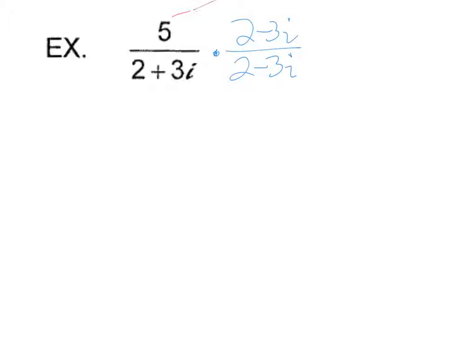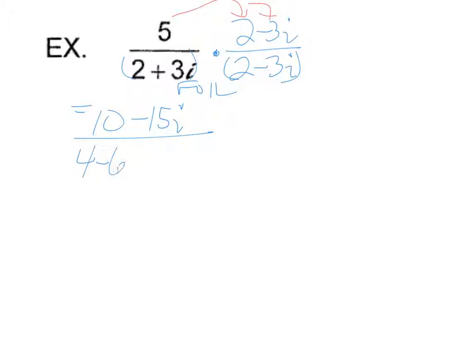Now on top, distribute the 5, and we have 10 minus 15i. On the bottom, we're going to FOIL. When you do that, you have 4, and then minus 6i. Inside is plus 6i, and last, watch your signs, be really careful.